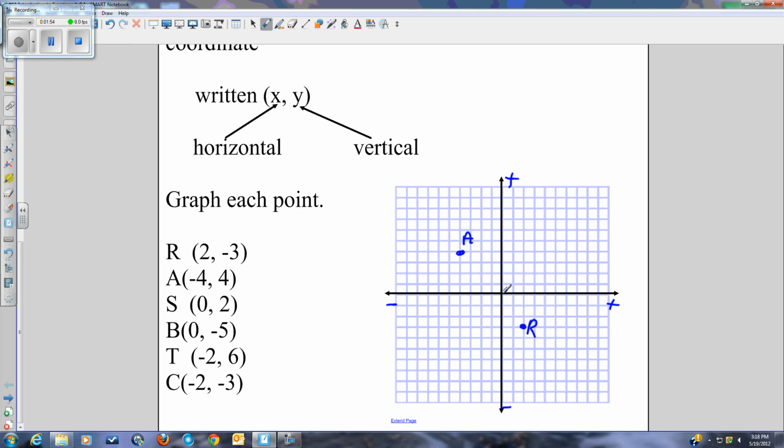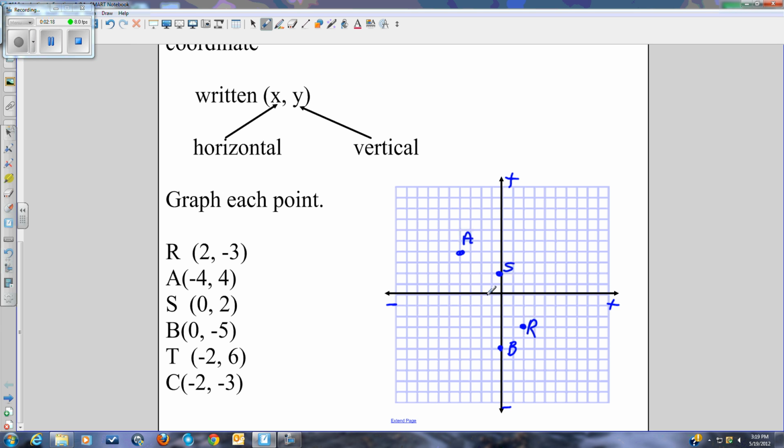S is the point 0, 2. So it means we start at the origin and move horizontally 0. We stay right there, but our vertical value is 2, so we go up 2, and there is point S. B is the point 0, -5. So we move horizontally 0, and we just go down 5. And there is point B. Point T, -2, 6.